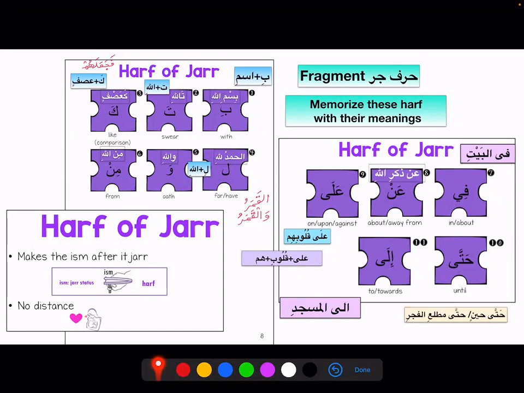And ala qulubihim, so you see ala is harfu jar, and then after that is qulubi, right? Qulubi, jar in status, and then him. Do we know that when we have an ism with an attached pronoun, what is the status of this attached pronoun? Do we remember our last class? Always jar.